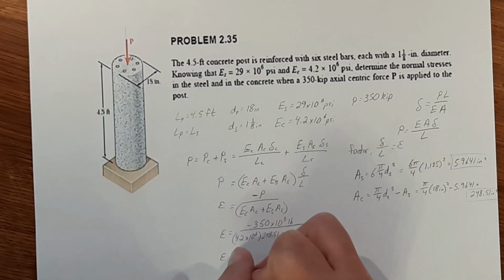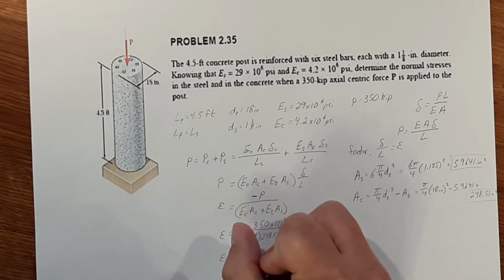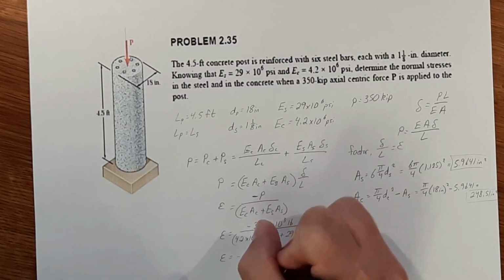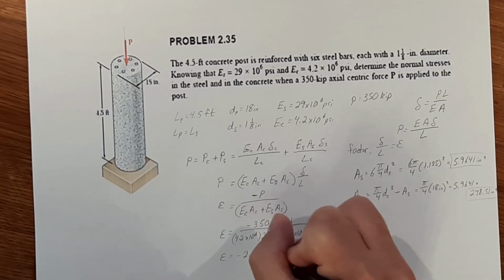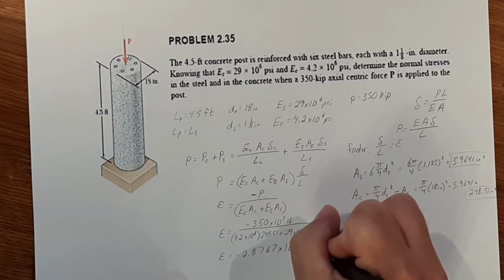Figuring all this out, we get that our strain is negative 2.8767 times 10 to the negative fourth.